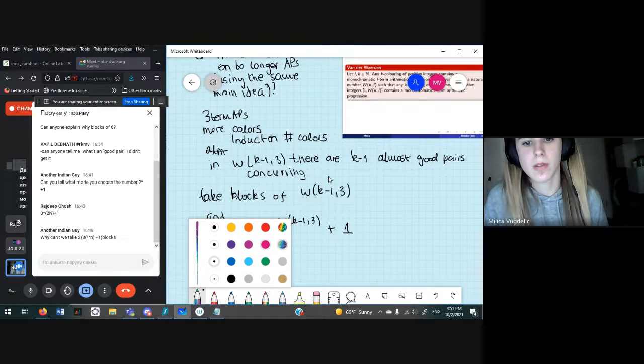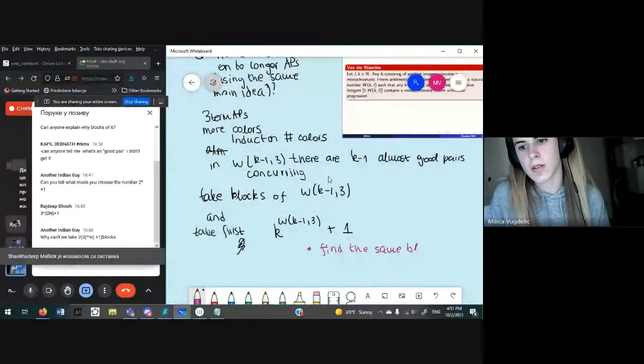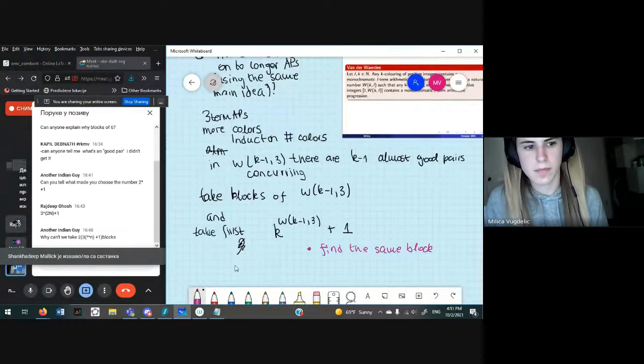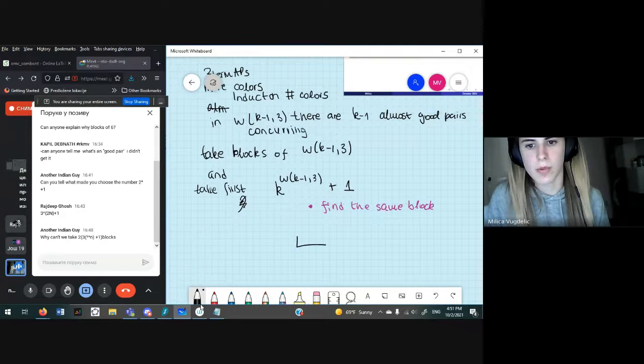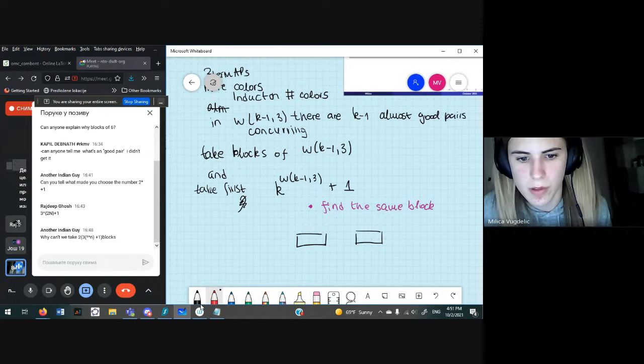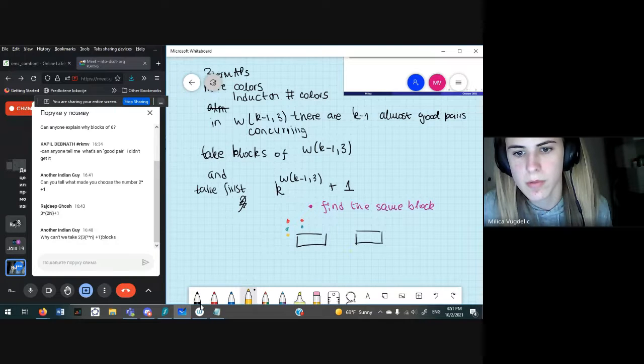Find the same block. And then we would look at its pairs like this. So we would have these sparkly ones, doesn't really matter.